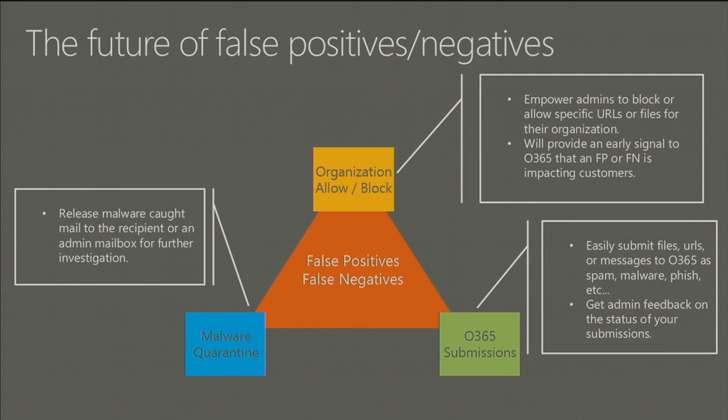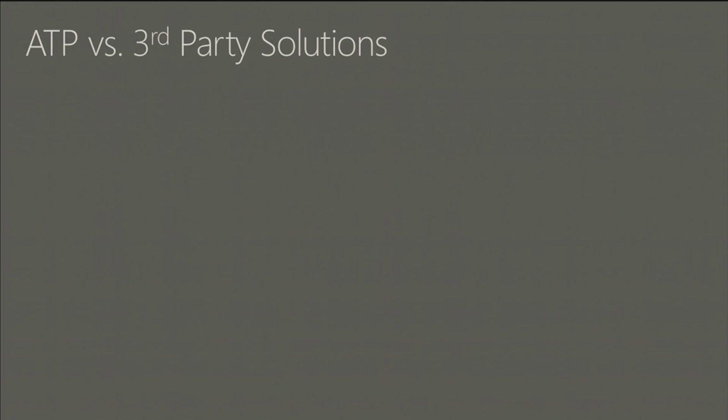So you'll be able to submit files, submit emails, submit URLs, tell us if it's a false negative or a false positive. And so we'll be able to update the broader system, but we'll also be able to give you feedback on the status of your submission, which right now involves a support call. So with all those solutions, even though we are still going to have some false negatives and some false positives, we're going to make them a lot easier for you to manage.